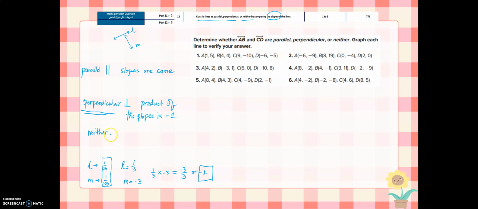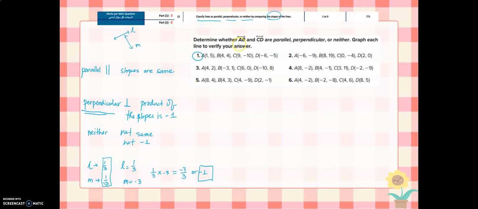They are neither when the slopes are not the same and the product is not negative 1.